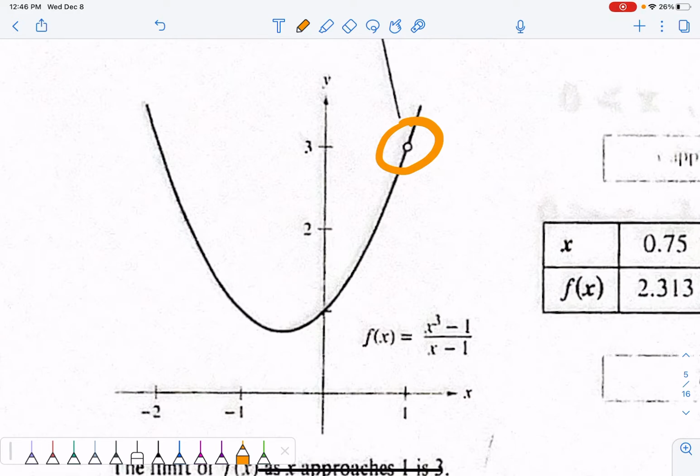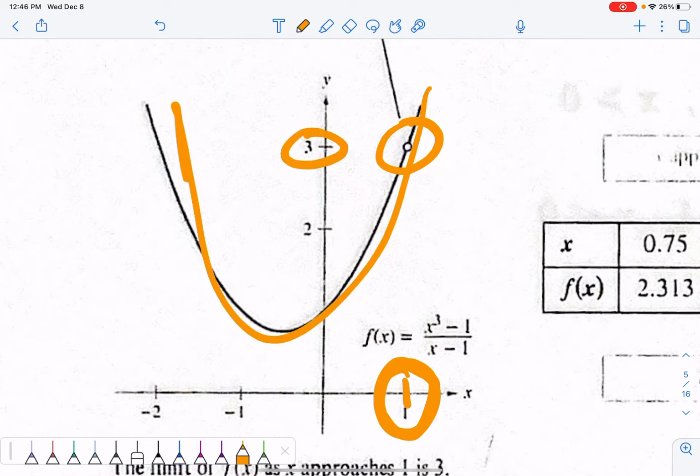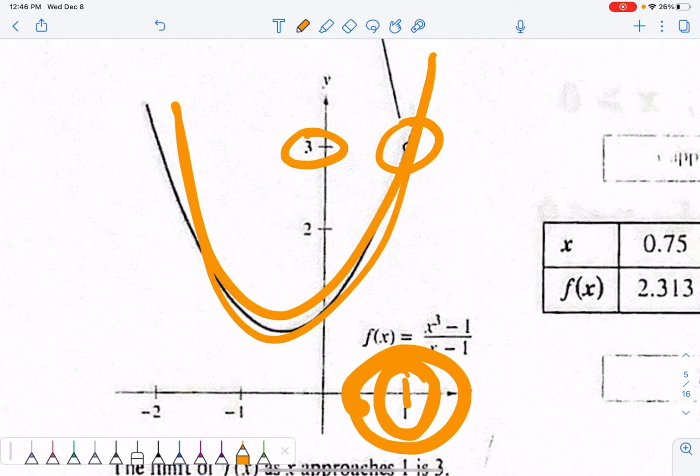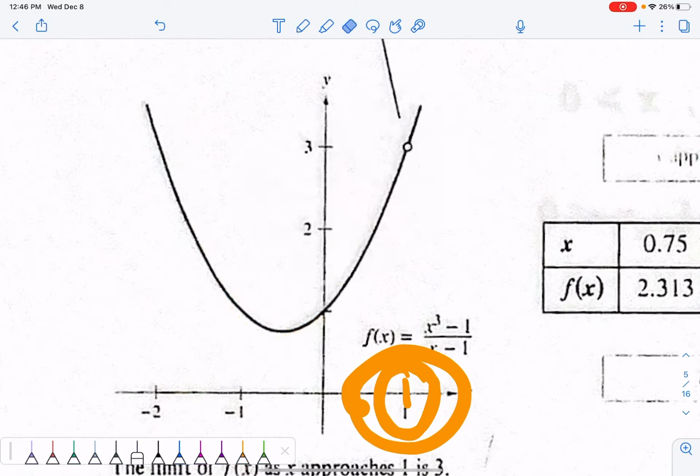That's like what the limit is saying, okay? So it doesn't have a y-coordinate at a value of 1, but if it did, the value would be 3. So the limit of this graph at 1 is 3 because that's where the y-coordinate is. It has a hole there, but if it had a y-coordinate, that value would be at 3.